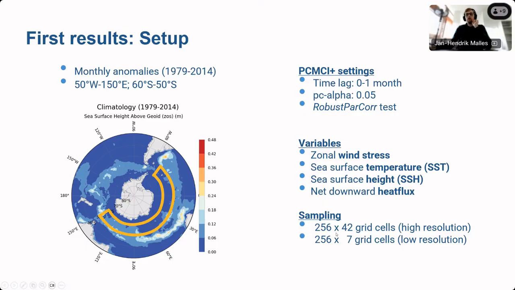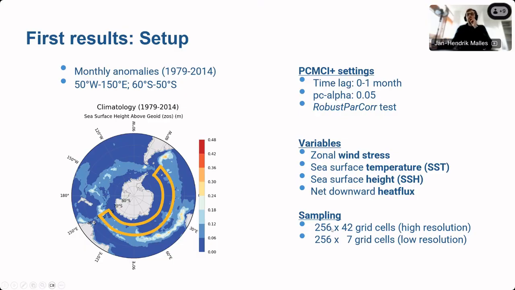And what we did is we took 256 samples of 42 grid cells for the higher resolution data, and a bit fewer grid cells to save some computational resources, and also to represent more or less the same area in total as with the high resolution.